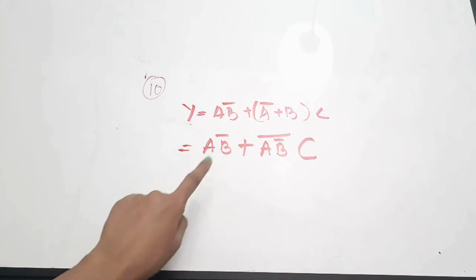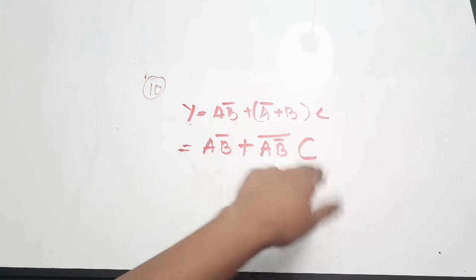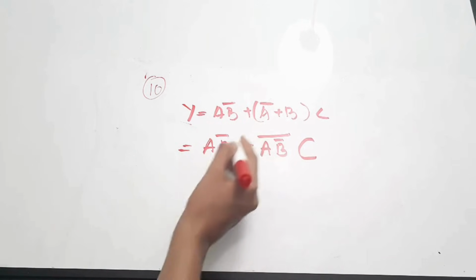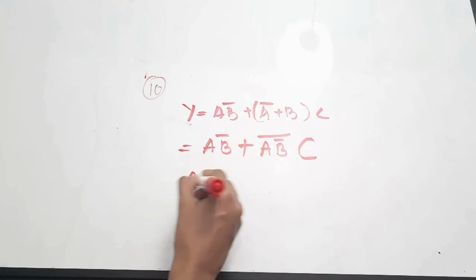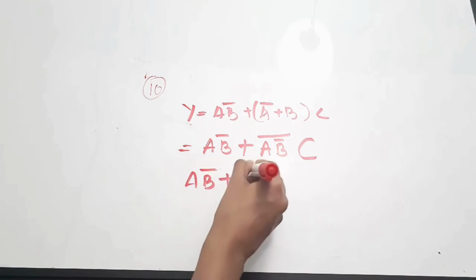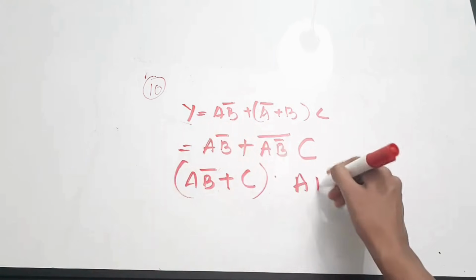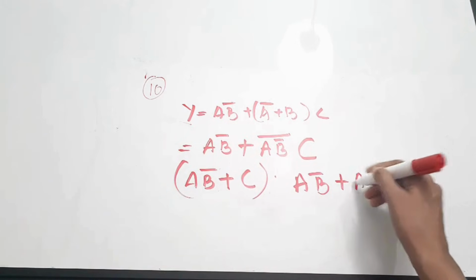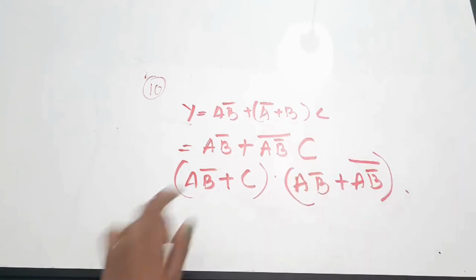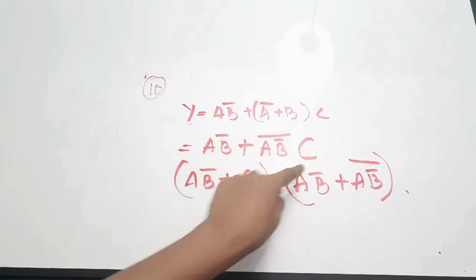Now I'm going to take this A, B bar inside, that is, I'm going to distribute this plus sign. So it will be A, B complement plus C into A, B complement plus A, B complement the whole complement. I hope it is clear. I have just distributed this positive sign inside.